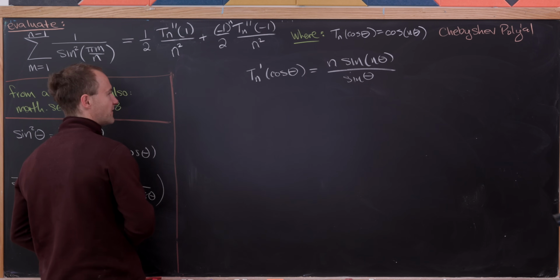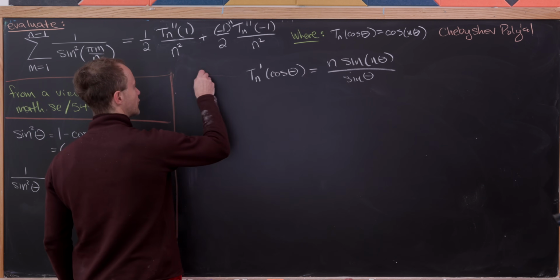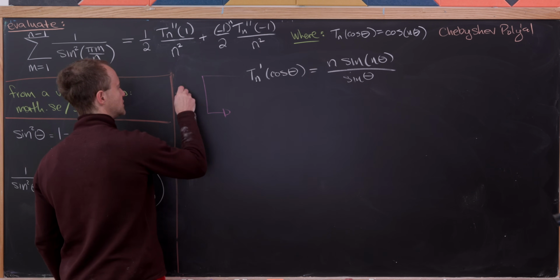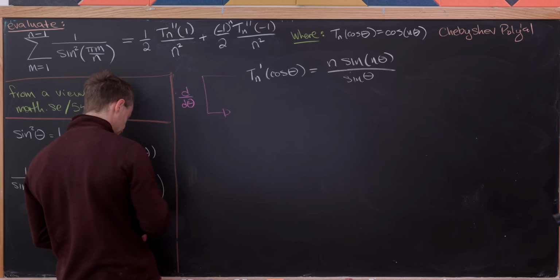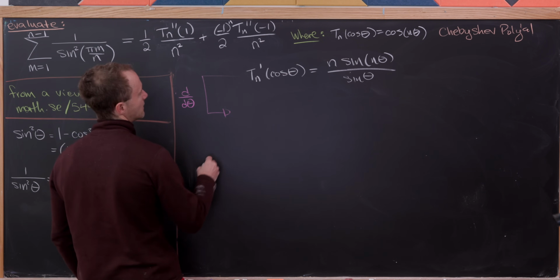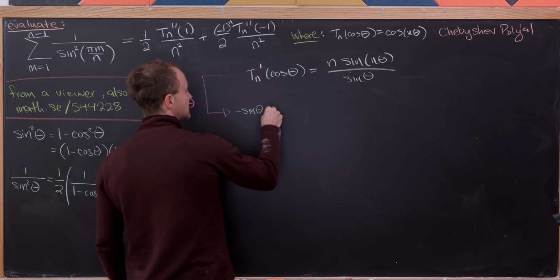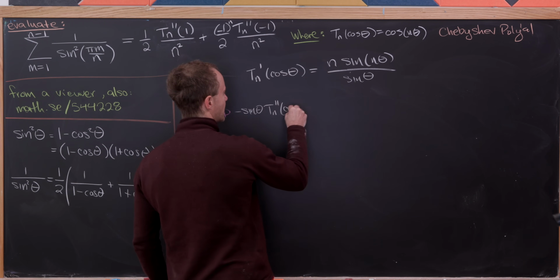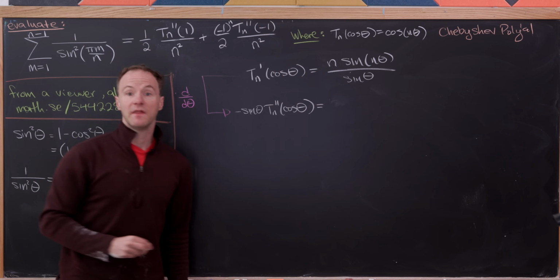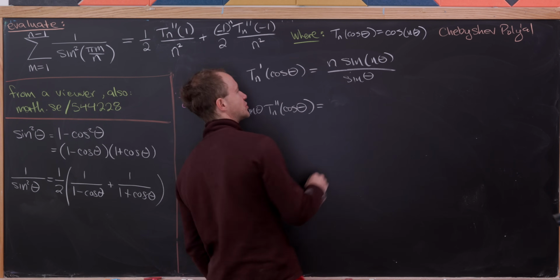And just like we did before, we're going to take the derivative of this with respect to theta. So let's see, using the chain rule on the left-hand side will give us minus sine theta times Tn double prime of cosine theta. And then on the right-hand side, we'll need to use the quotient rule.